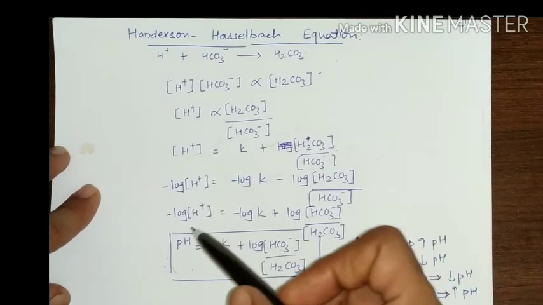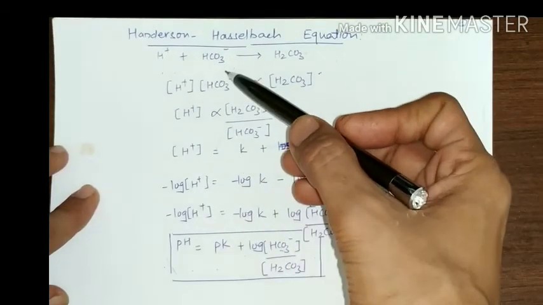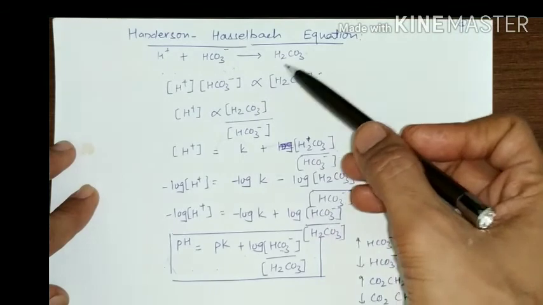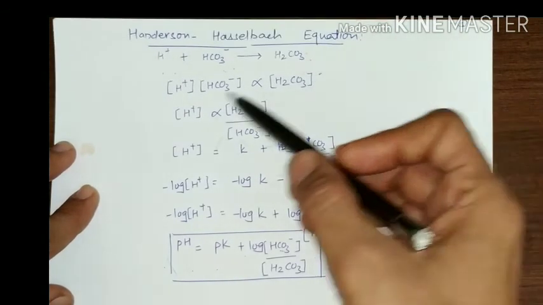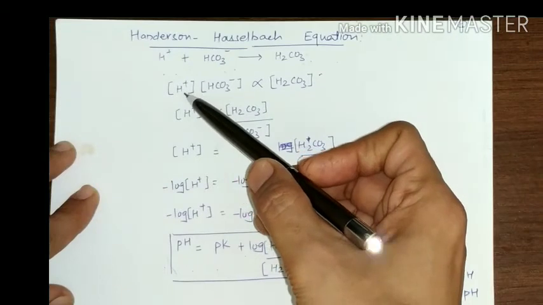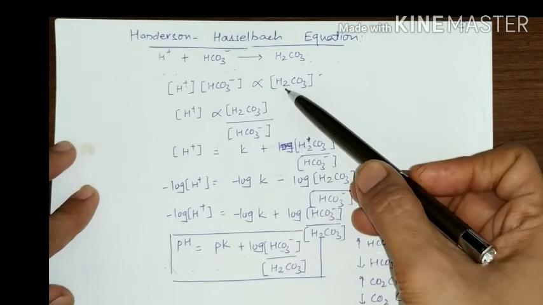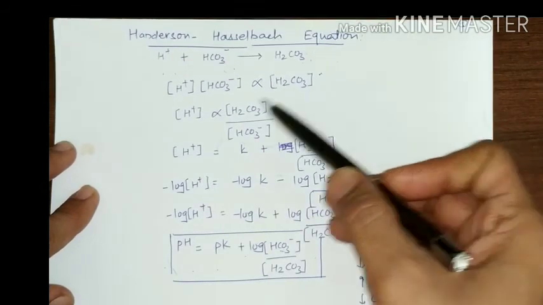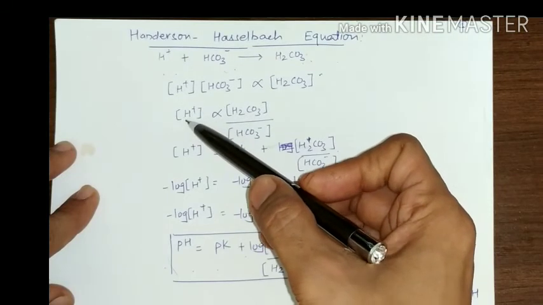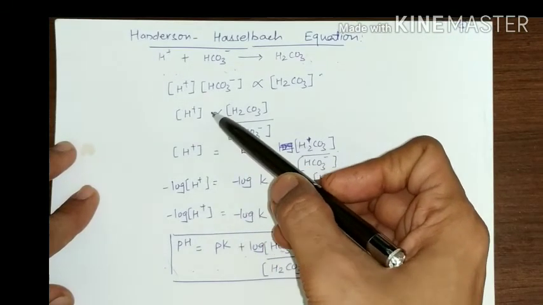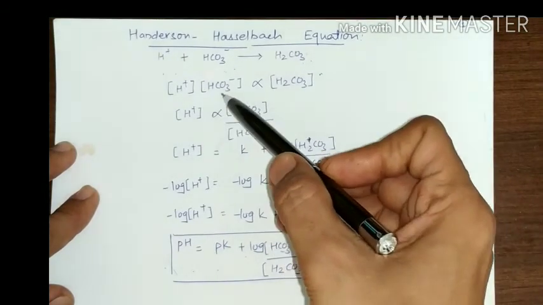Now, let us discuss how this equation has come. H plus ions combine with HCO3 minus ions and form carbonic acid, H2CO3. So, you can say that concentration of H plus and HCO3 minus ions is proportionate to carbonic acid. Now, when we are doing the mathematical calculation, you can say that H plus concentration is directly proportionate to H2CO3 concentration divided by HCO3 minus.